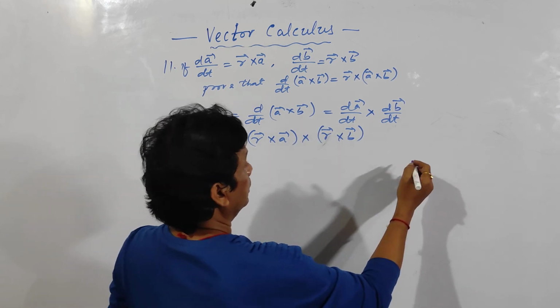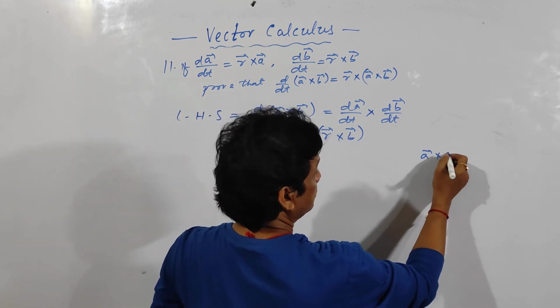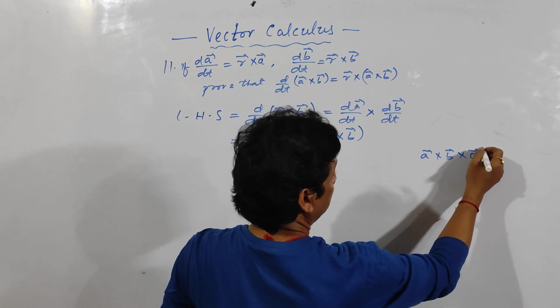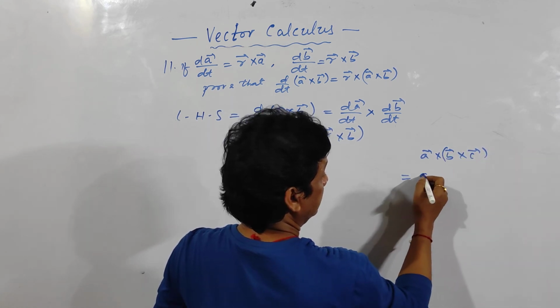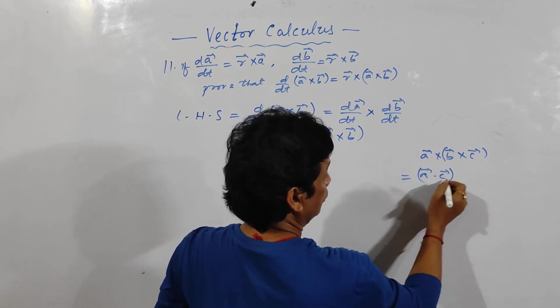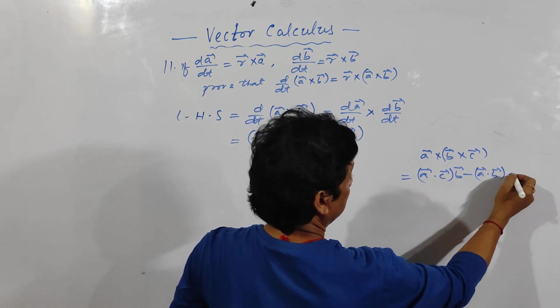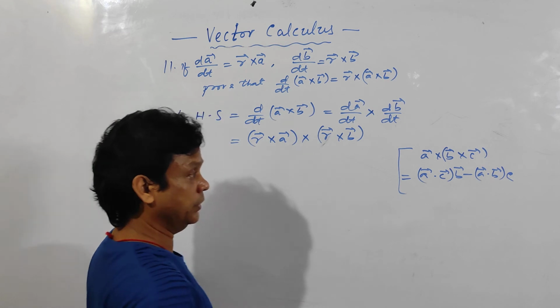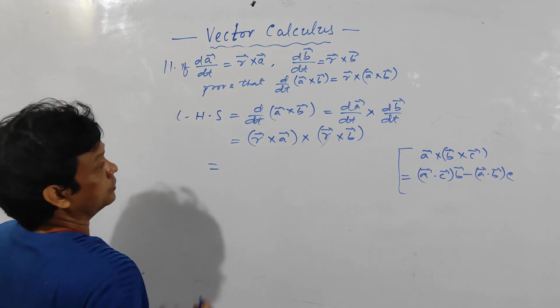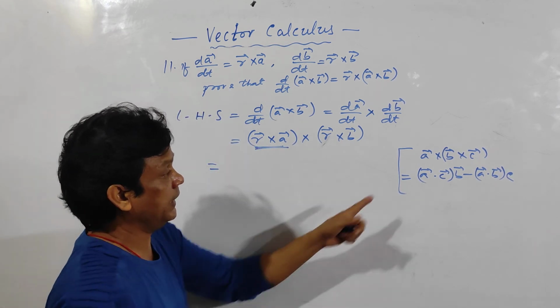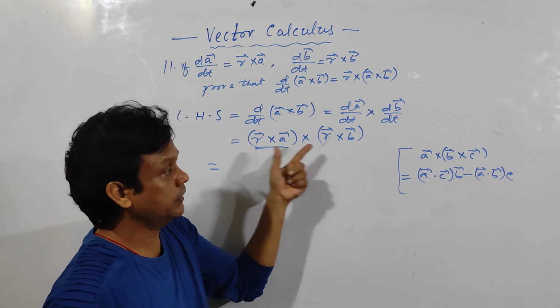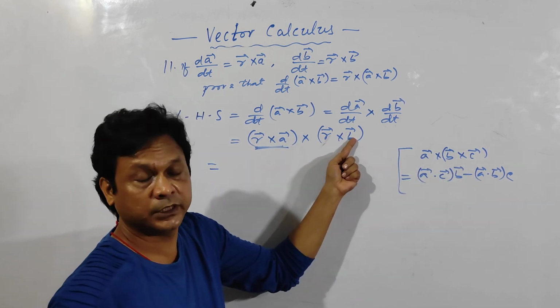Clear? And your formula is a cross b cross c. What is your formula? A dot c into b minus a dot b into c. Already I have told you in the first video. So take it as a single vector. In place of A, I am writing r cross a. Clear?